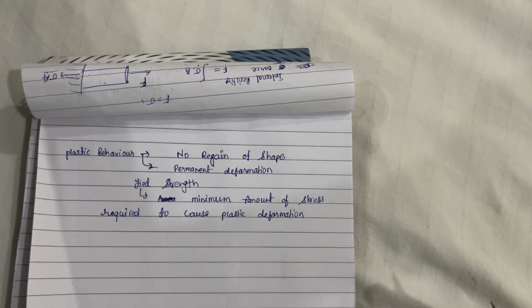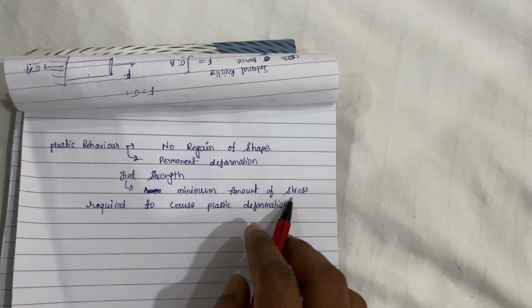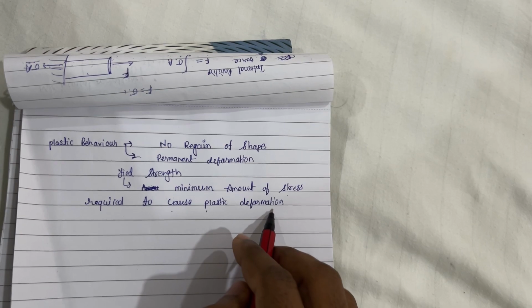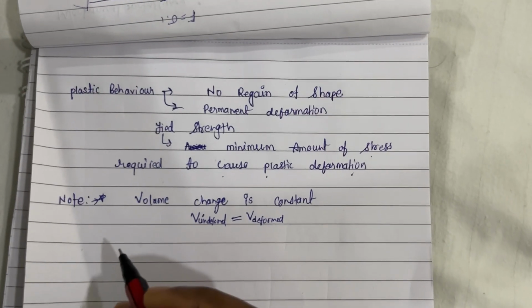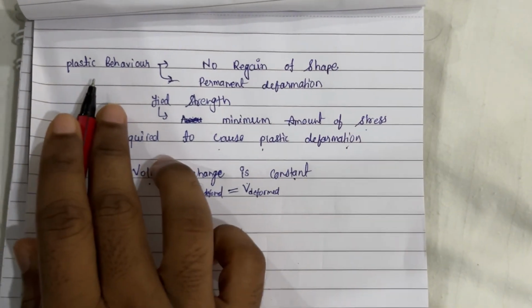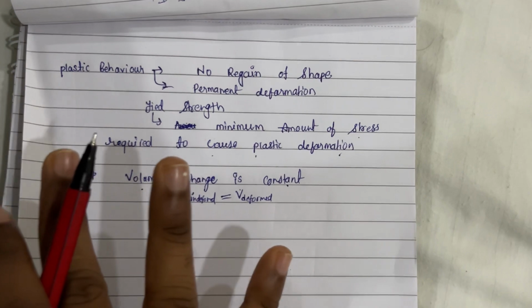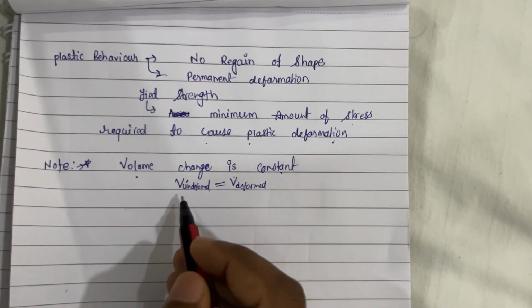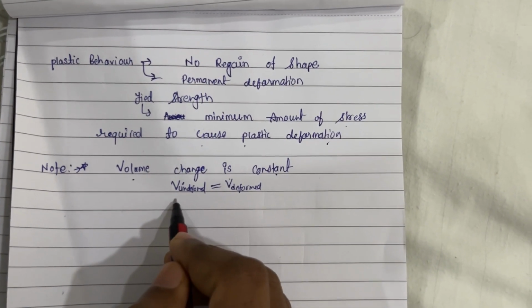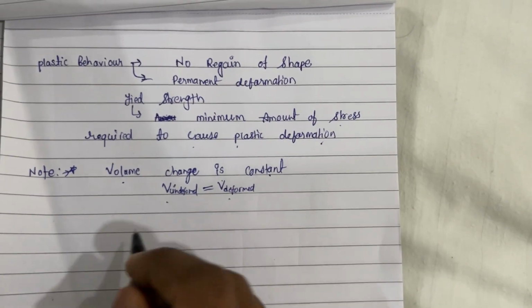The term related to plastic deformation is yield strength, which is the minimum amount of stress required to cause plastic deformation. Here is a really good point: volume change is zero in plastic deformation, whereas volume change in elastic deformation is not zero. Therefore, in plastic deformation we write the volume undeformed is equal to the volume deformed.